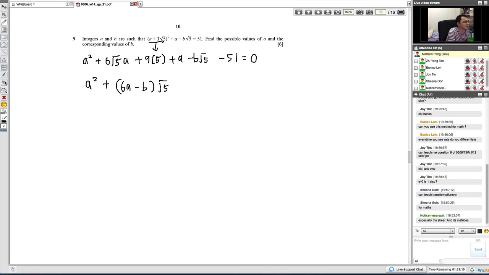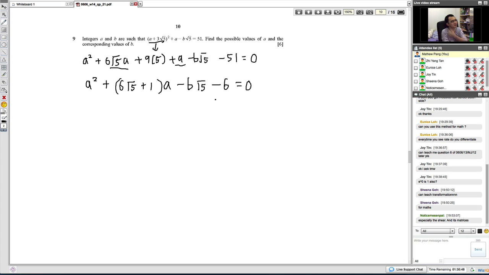Wow, no, I'm not going to do it like this. I'm going to categorize a and a, b and b, which is better. I shouldn't focus on root 5. So a and a, I will do this first. So this is 6 root 5 plus 1 a, minus b root 5. And then this one is 45 minus this one, I got negative 6 equals 0.